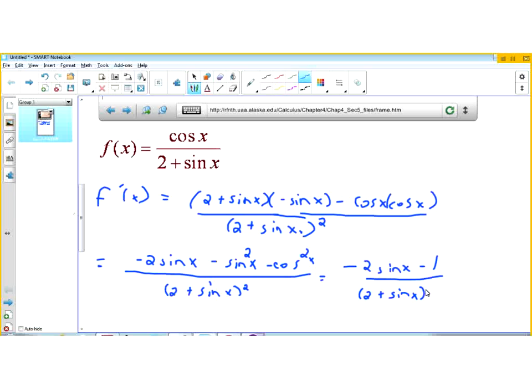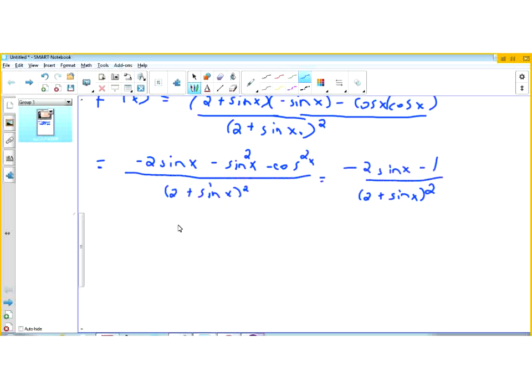Okay, so what are the critical numbers of the first derivative? Well, they happen where minus 2 sine x minus 1 equals 0. So minus 2 sine x is equal to 1, and so we'll have sine x is equal to minus 1/2.